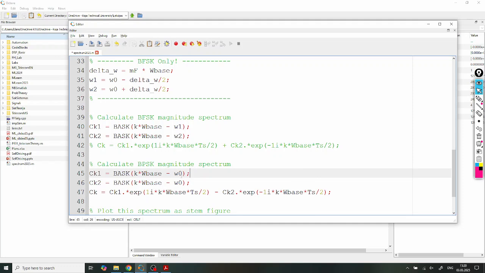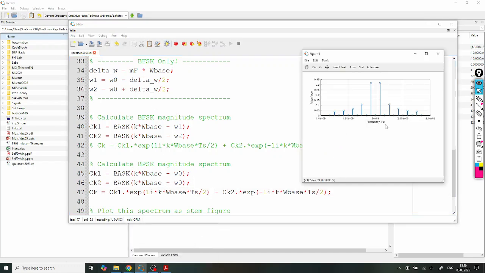Yes, so basically we change omega 0, and we change the sign. So now that is the phase shift keying. And if I run it, you will see the same picture as for amplitude shift keying, but with the central value missing.